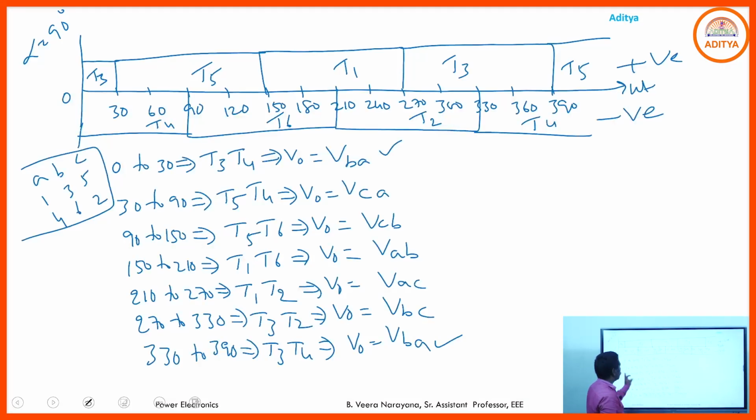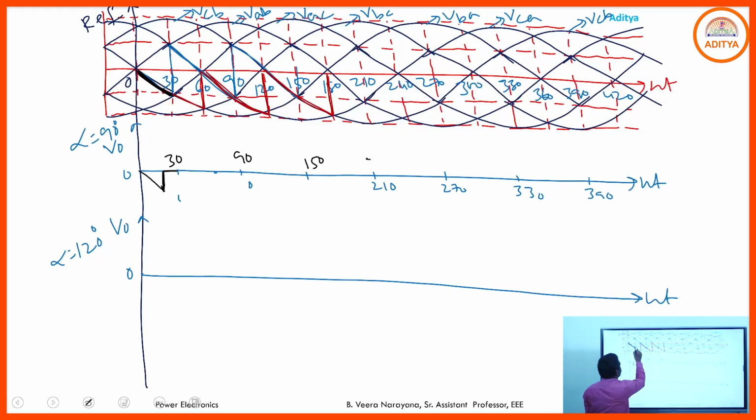30 to 90 VCA. So 30 to 90, you follow the VCA line, 30 to 60 positive and 60 up to 75 only. Why? Because of the low value of the inductor, a small amount of energy is stored, and before the next incoming SCRs, the energy stored in the inductor is discharged. Then the present SCRs go to the off state. They don't maintain their on state up to the next incoming SCRs.